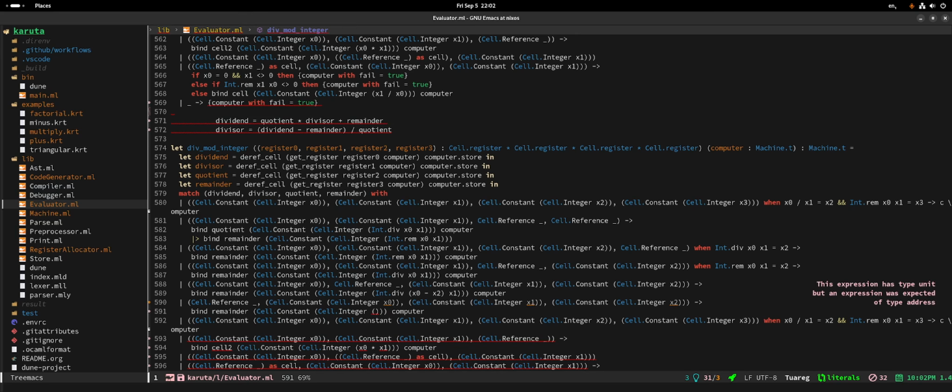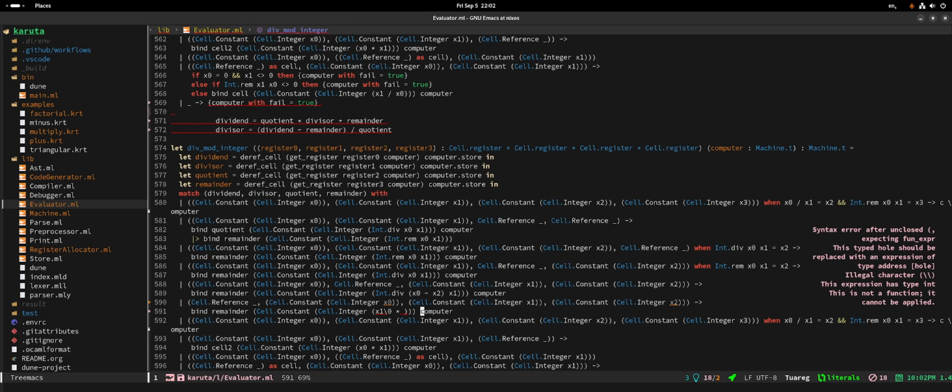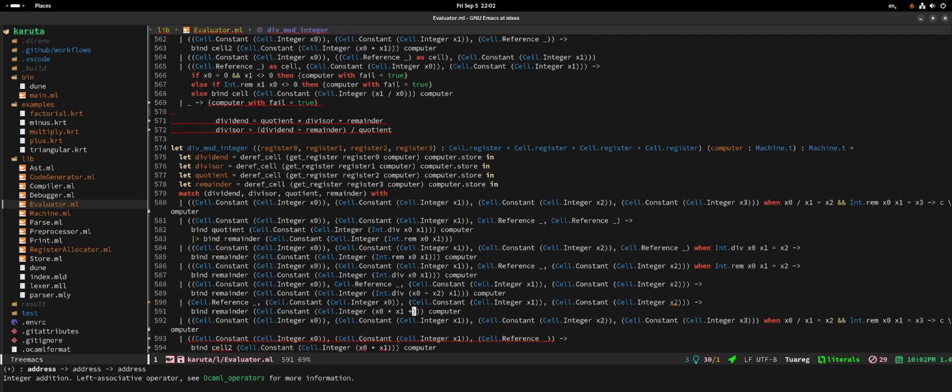And then we do quotient times divisor plus remainder. Quotient is x1, divisor is x0, so we can do x1, and then a plus on x2.